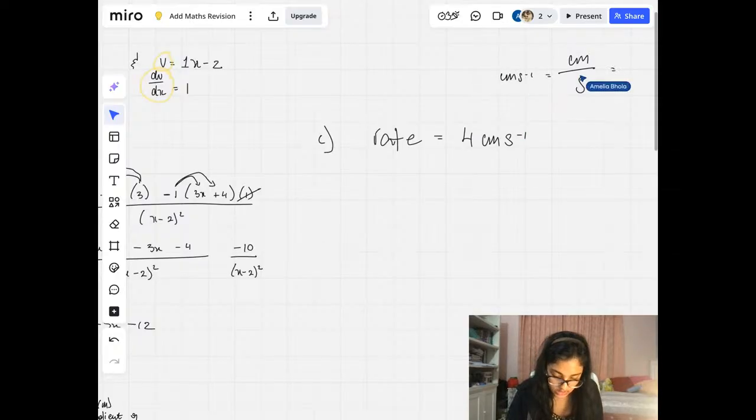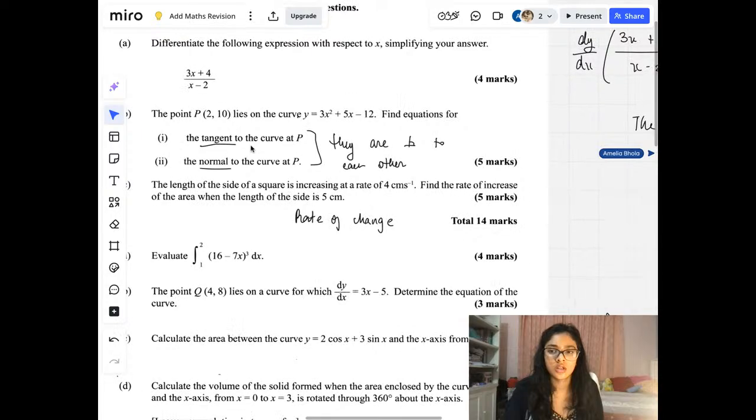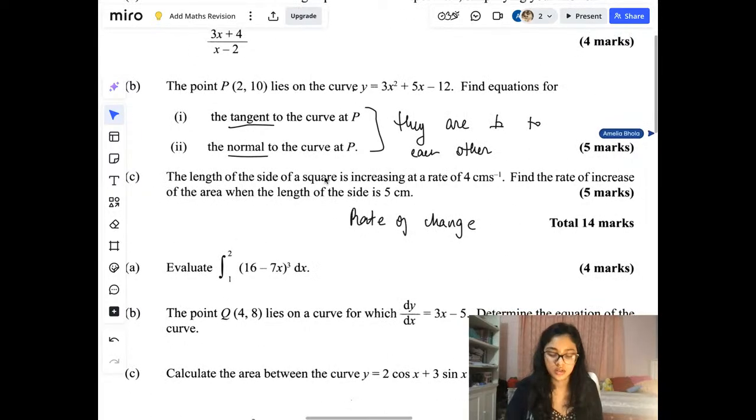So this is the length over time. So let me see this question again. I want to find, I like to say RTF, which means required to find, the rate of change of area, or rate of increase of the area.